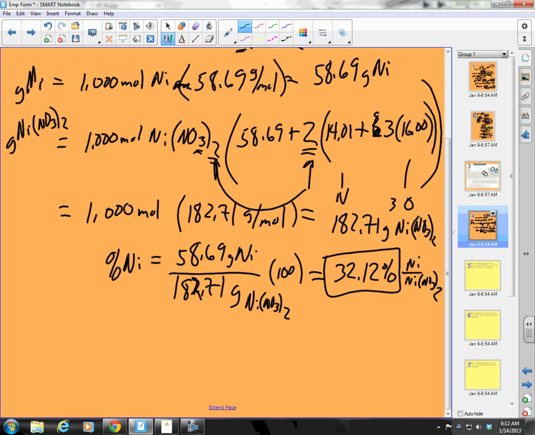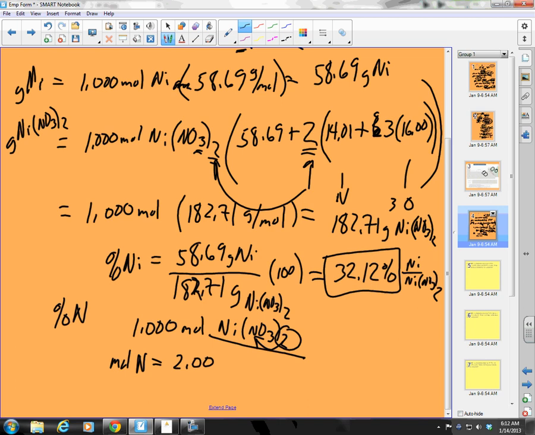Now, here's the question. How would we set this up if the question wanted percentage nitrogen? Well, I have 1.000 mole of nickel 2 nitrate, right? Then how many moles of nitrogen do I have? Well, I have 1 mole of this whole thing, but there are 2 moles of nitrogen in every 1 mole of that, so I'd have 2.00 moles of nitrogen.